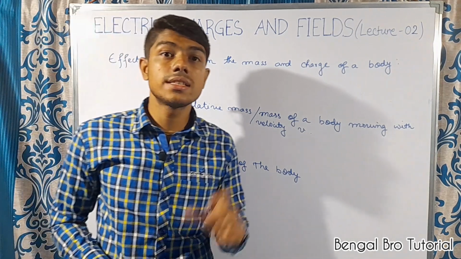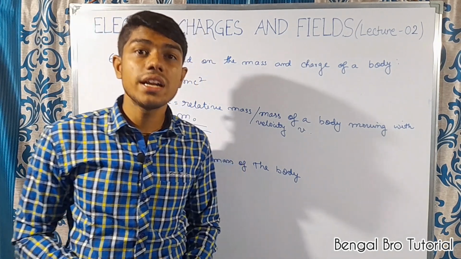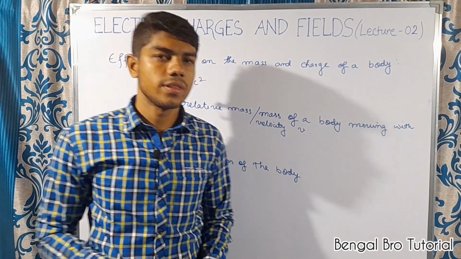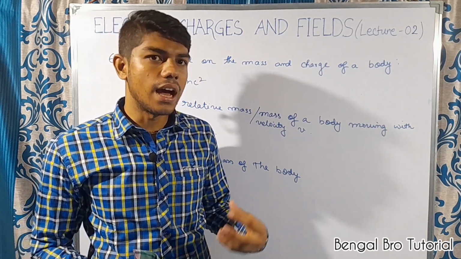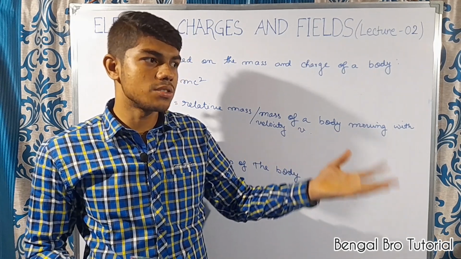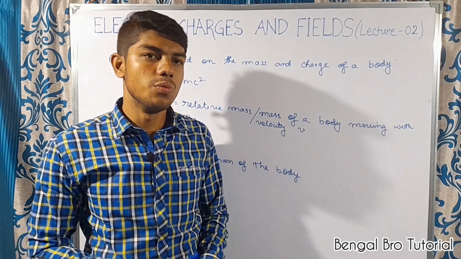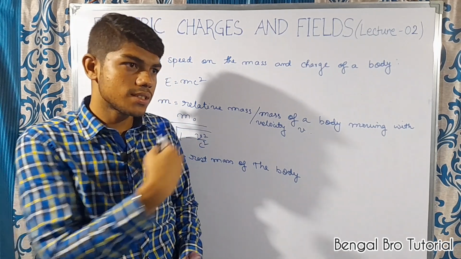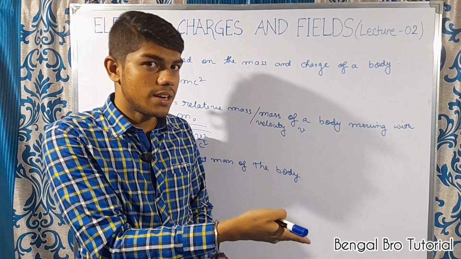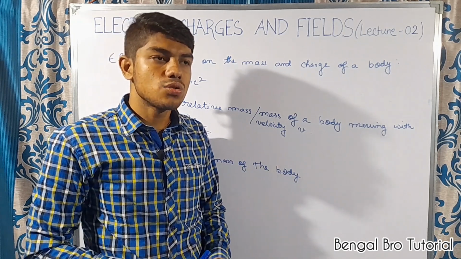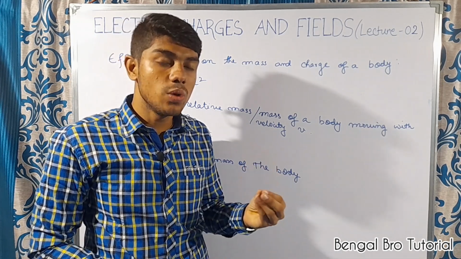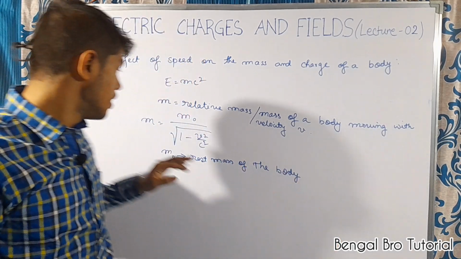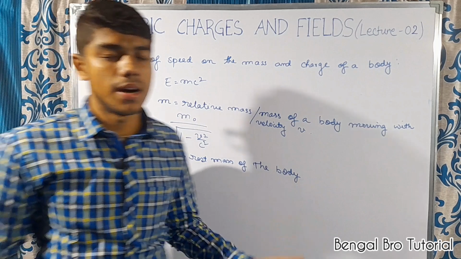Rest mass means it is the mass of a body measured in a frame of reference which is at rest. For example, I am standing here and I can see that another person is also standing beside me, which is at rest. That means according to my frame of reference, the other person is at rest. So the mass which will be calculated by me is going to be the rest mass of that person.